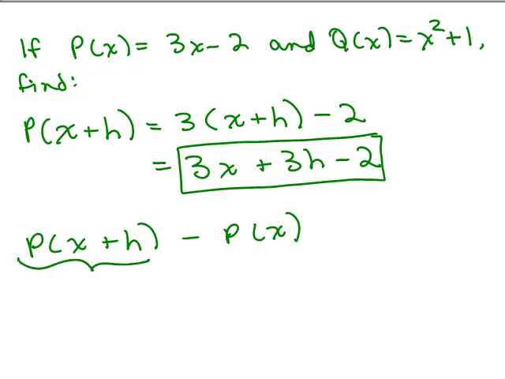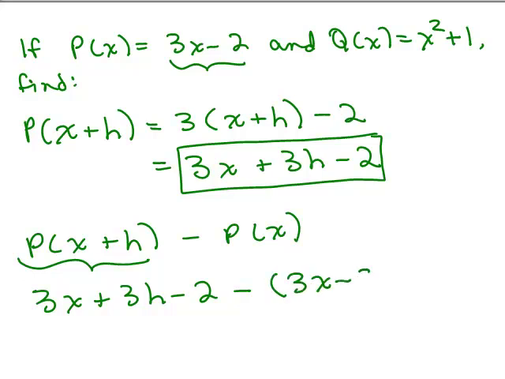Okay, p of x plus h is what I have right here in the box. That's 3x plus 3h minus 2. Then it says subtract p of x. So I look up here, there's p of x, right? I need to put that in parentheses to make sure I subtract the whole quantity, p of x.